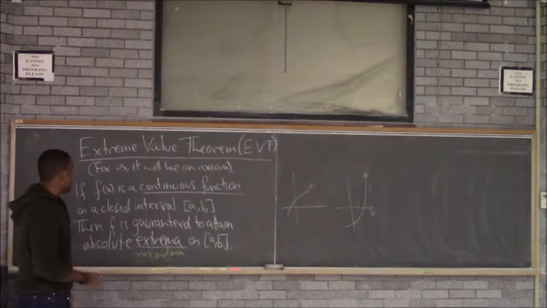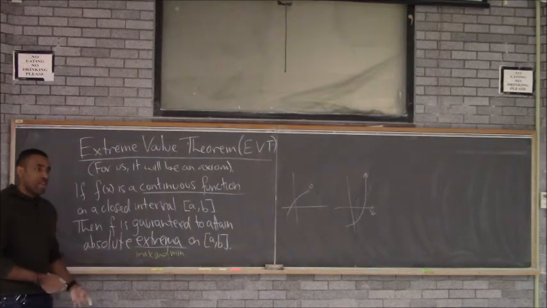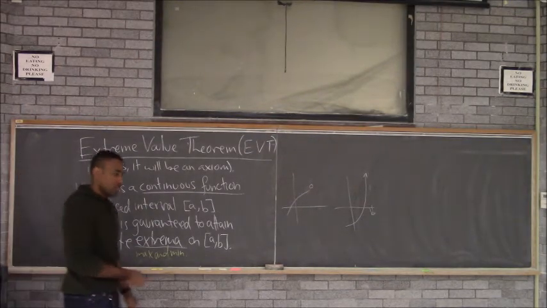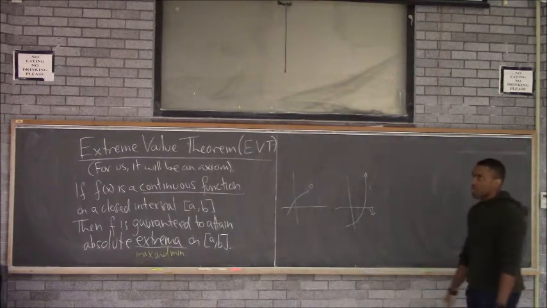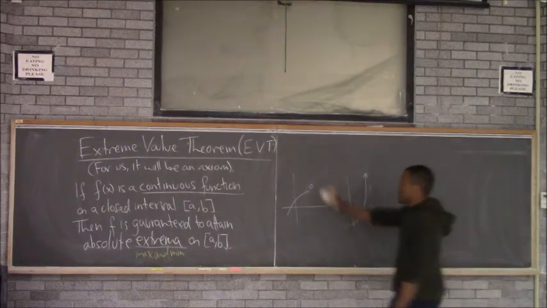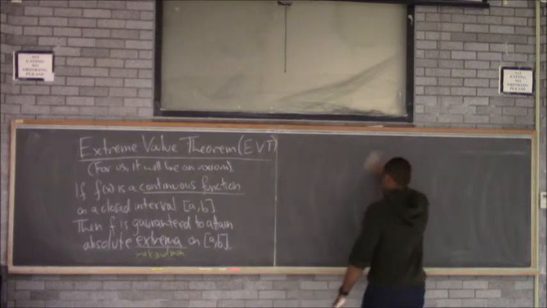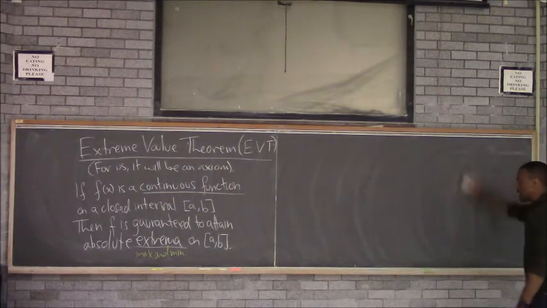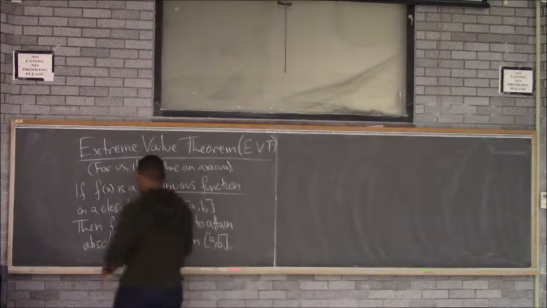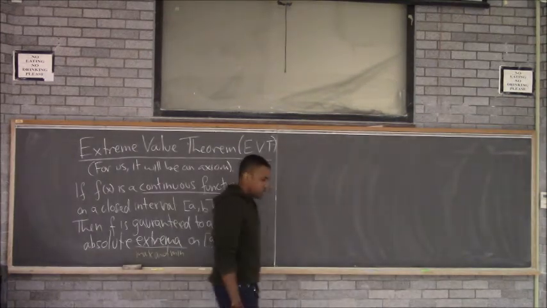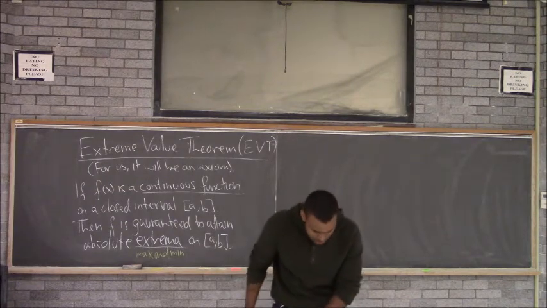Once you're continuous on the entire interval, you will have an absolute max or min on that interval. So that's another very basic but very important property of continuous functions. If your function is continuous, you are guaranteed to be able to find an absolute max or min. It's called the extreme value theorem.